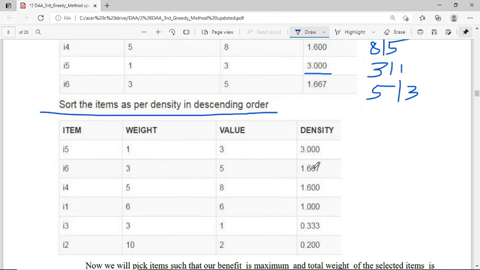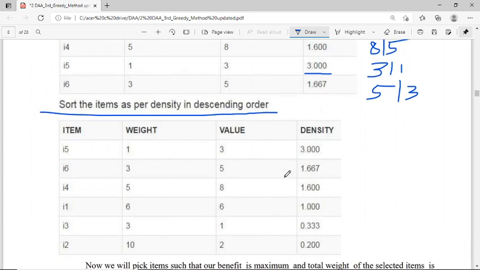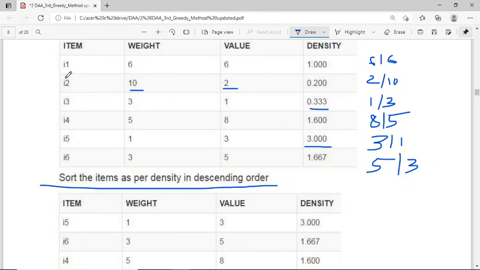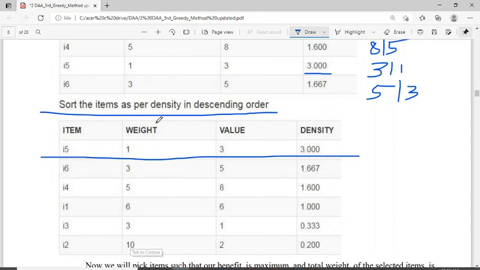Same thing, we rearrange. Previously it was item 1, 2, 3, 4, 5, 6. According to the density, we are changing the items also: 5, 6, 4, 1, 3, 2.